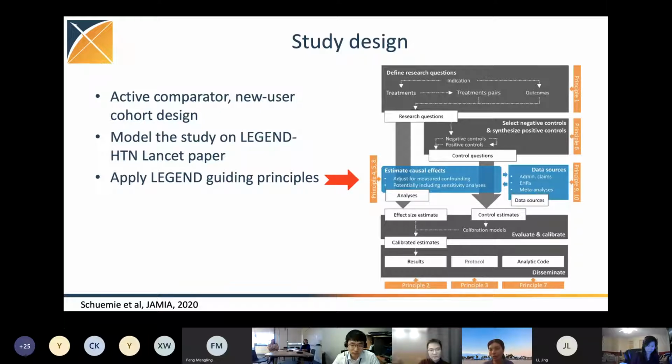Here, I think this is a nice visualization of the 10 guiding principles to guide researchers from defining the research questions up until dissemination of the findings. So really a systematic methodology to define a process of high quality observational research.